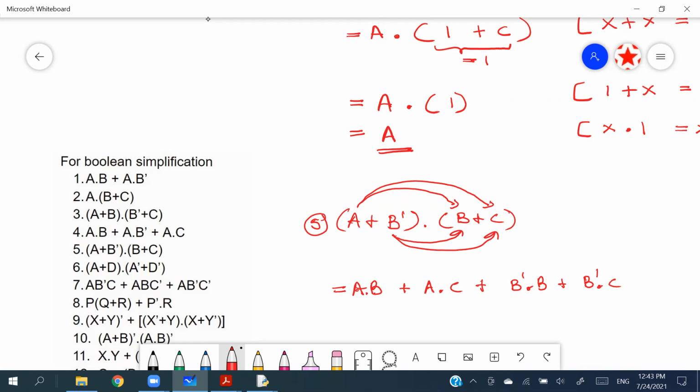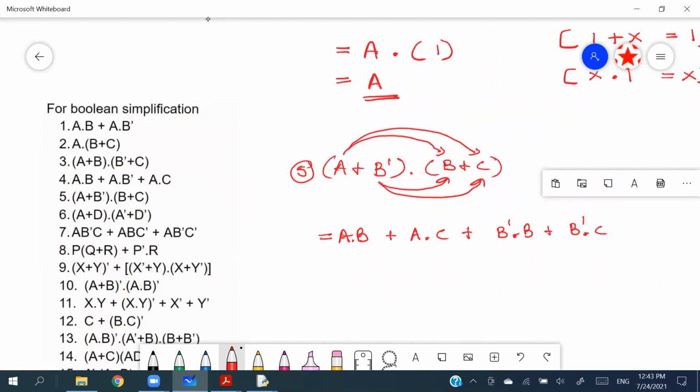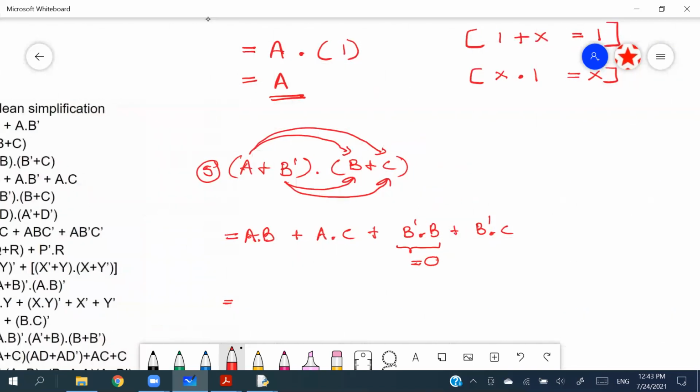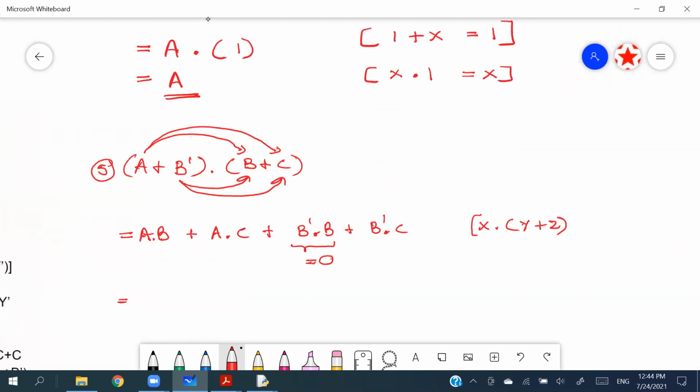right? So now what I can do is for these two, I can write a 0, right? So what is the law? It's going to be the inverse laws, right? So here what we have done, we have used the distributive law. So we have to write it always, right?